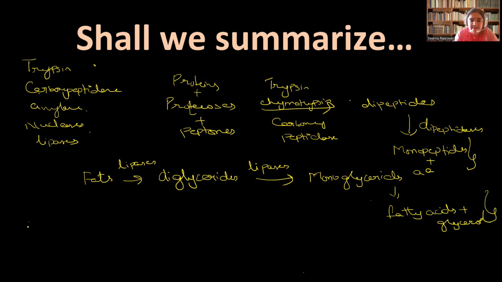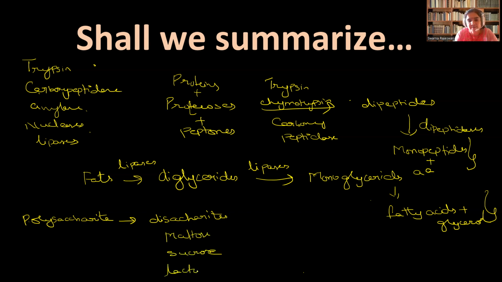Now coming to carbohydrate digestion. So we know that a polysaccharide will be digested into disaccharides. What are the different forms of disaccharides? They are maltose, sucrose, and lactose.